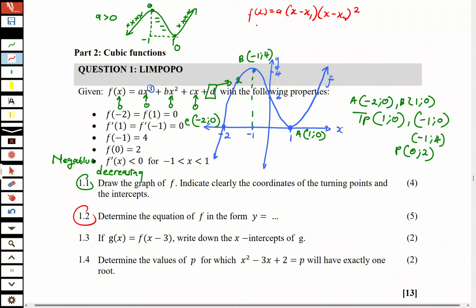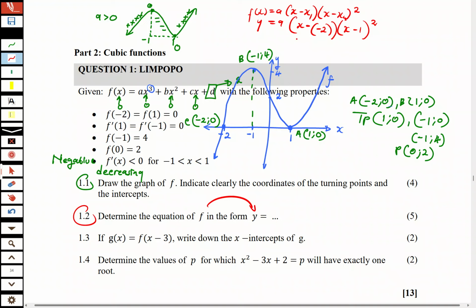Now we're just going to make the substitution, and remember they said we have to call f to be y. So this is y equals a into x minus our x1, which is -2. So you protect it like that since you have a negative, and then you have x minus 1. You don't need to protect them. So you have something like this.